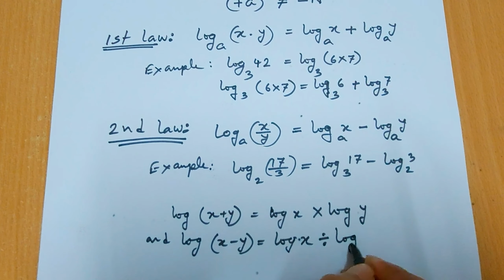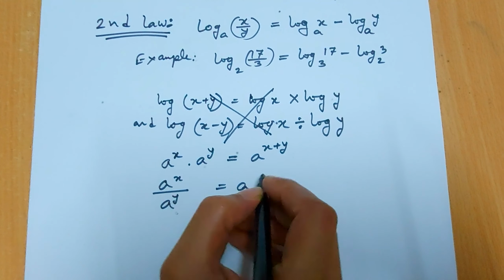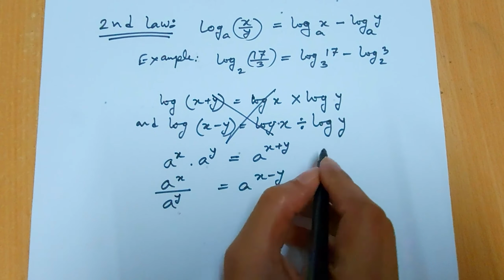If we analyze the exponential law, we see when same bases are multiplied with powers, the powers should be added, and when same bases are divided, the powers should be subtracted.